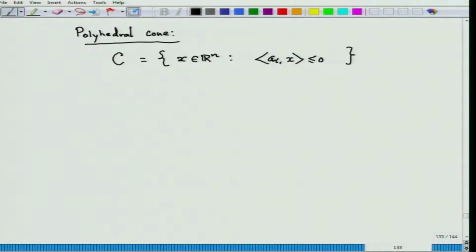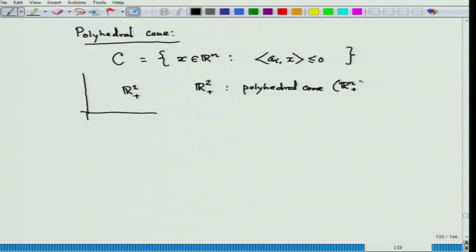A polyhedral cone, for example, is like this. If you take R2 plus, it is a cone and is polyhedral at the same time. So, R2 plus is an example of a polyhedral cone. Similarly, Rn plus is also an example of a polyhedral cone.